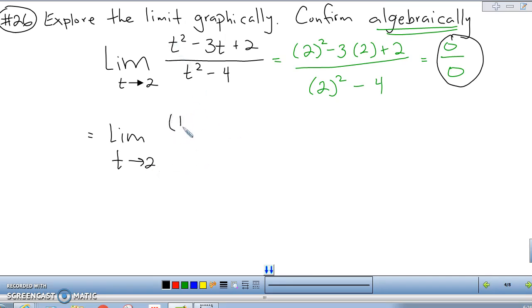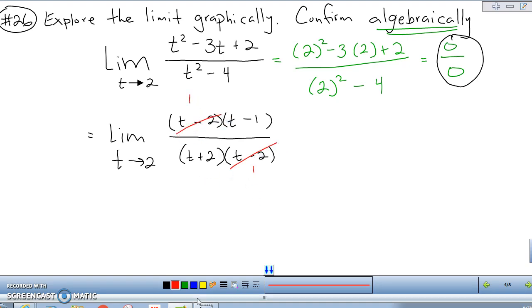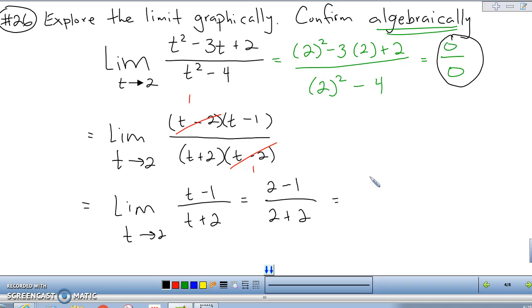If we factor the top, and the bottom, t plus 2, t minus 2, they'll simplify. So now we're going to get this, which is 2 minus 1 over 2 plus 2, which is 1/4.